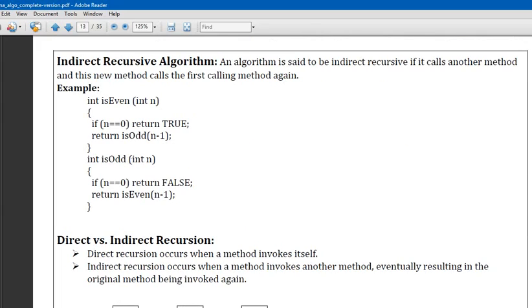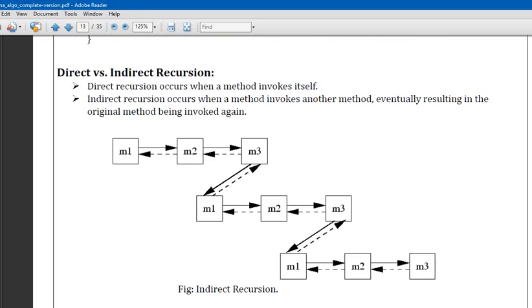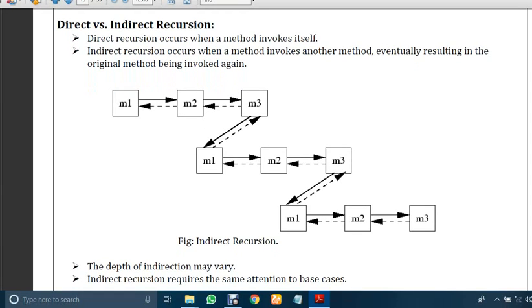Now, the indirect recursive algorithm. The difference between direct and indirect recursive functions is given here. This one is for the indirect recursive function.